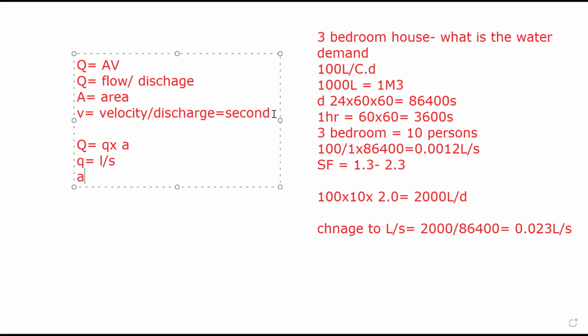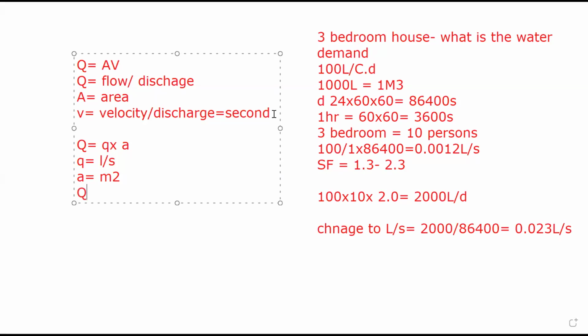And A is in what? Area. And then the answer to Q will be meter cube per second. Of course, gentlemen, is that not what it is? Remember, here it's just a question of 1,000.